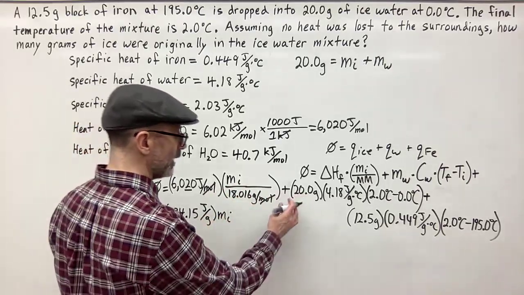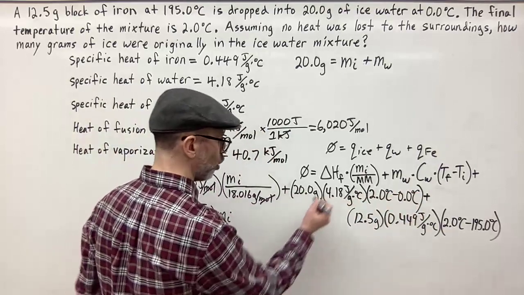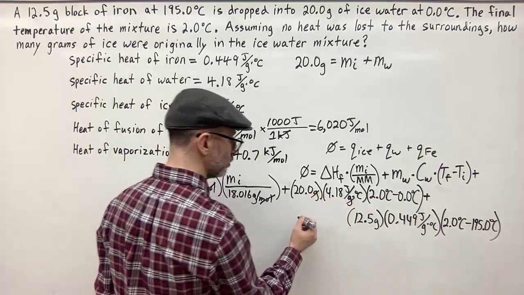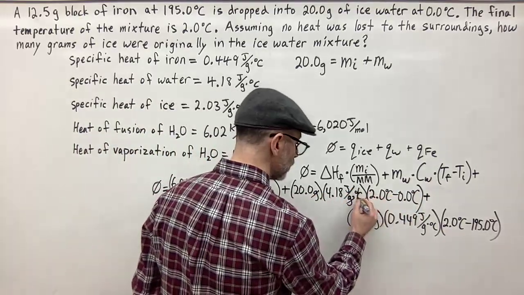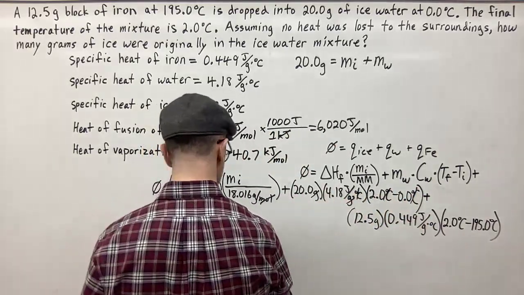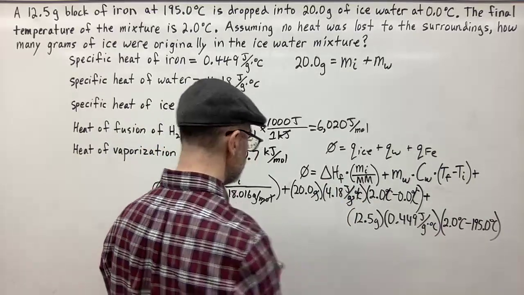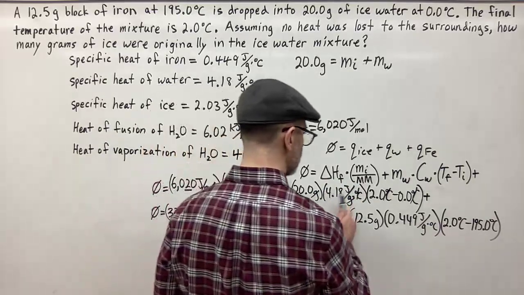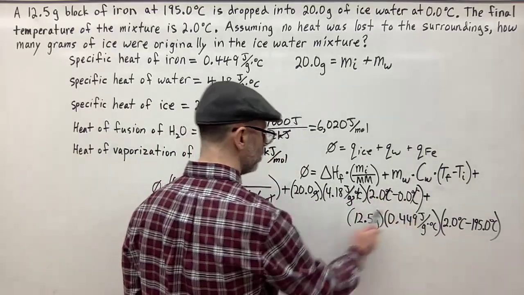Okay, now I need to simplify this. Grams are going to cancel out, degrees Celsius are going to cancel out, so I'm left with joules here. It's going to be plus, and when I multiply 20 times this, this is going to be 2, right?